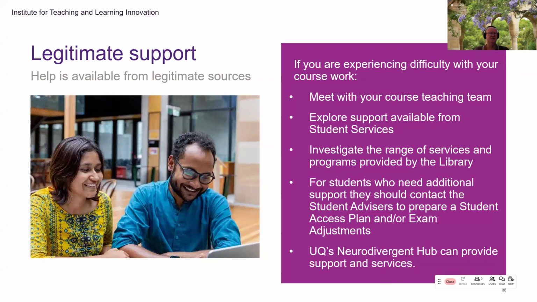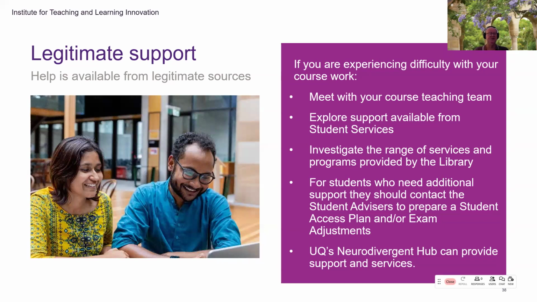First one, and this should be stressed at the beginning of the semester, they come and speak to you, or they come and speak to the course coordinator and try and get some support that way. Student Services has a range of different support that can help them, as does the library.